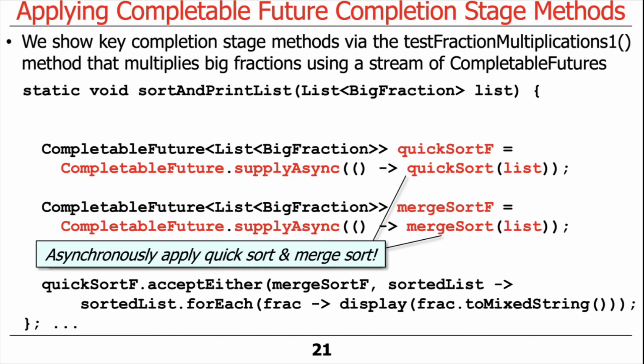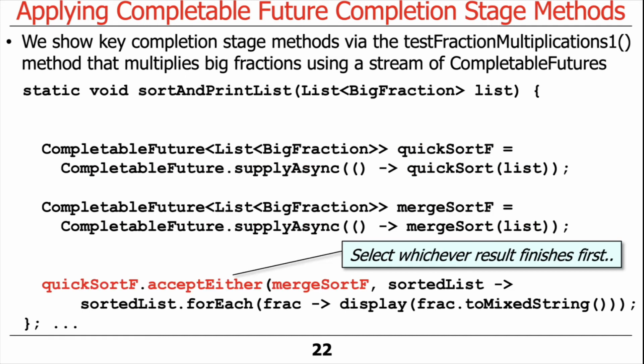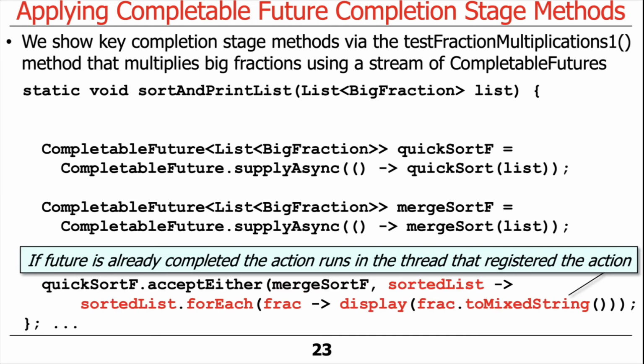and mergeSortF. And then what we're going to do is use the acceptEither completion stage method, which, if you recall, takes a completable future that acceptEither is called on and a second completable future as the first parameter. And whichever one of those two completable futures finishes first, we're going to take the results that come back from that, and then apply this particular action.